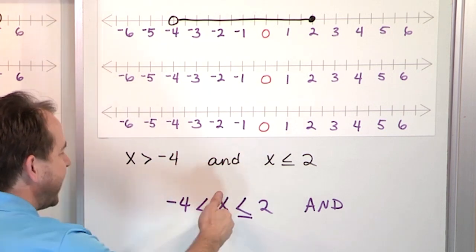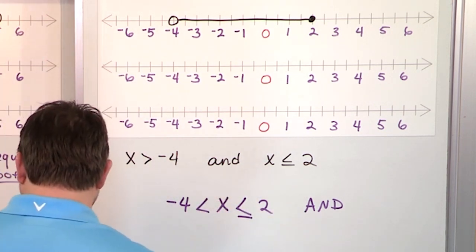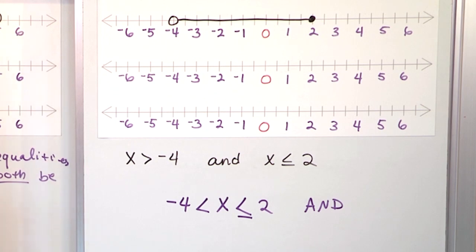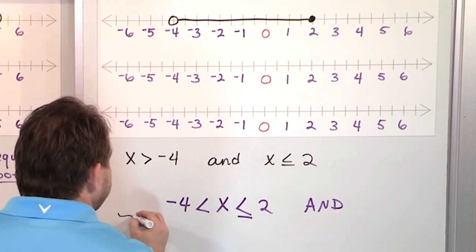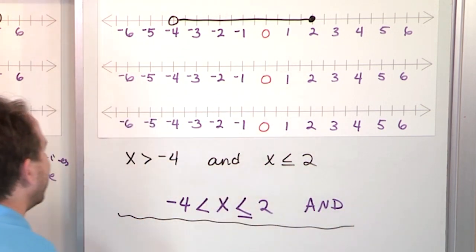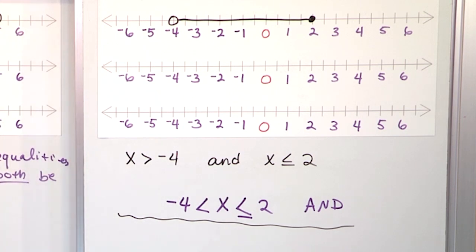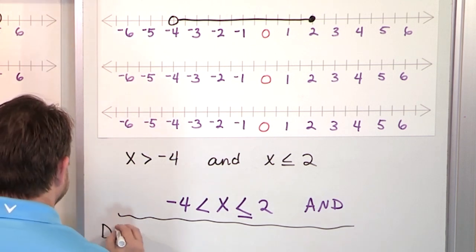So that's what you do. You decipher it by reading from the inside out. So that is what we call an "and," or a conjunction inequality. Now there's also something called a disjunction.